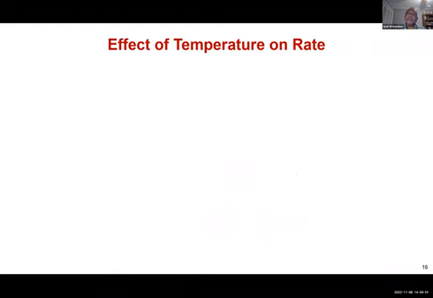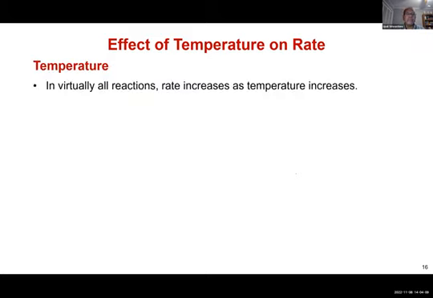Now we're going to look at the effect of temperature on reaction rates. Temperature virtually always increases the rate of a reaction.